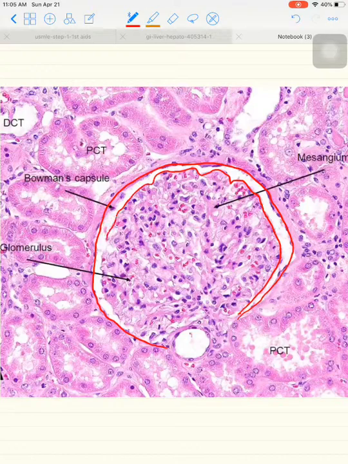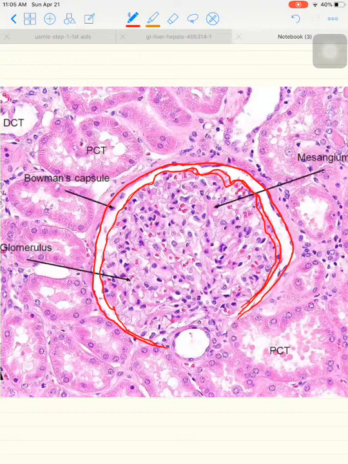This space is called Bowman's space, and here we have the glomerular tuft. This is the glomerulus. In the glomerulus, as we discussed, it comprises two contents: the interstitium and the cellular network, that is the capillary network.